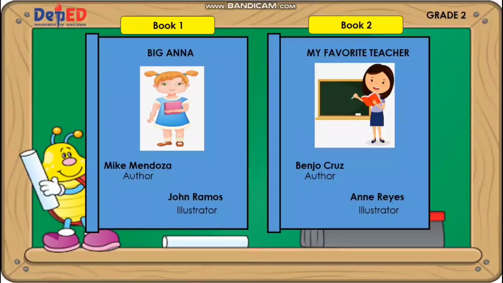Very good, Big Anna. How about the second book? What is the title of the second book? Brilliant, My Favorite Teacher. Usually, the title of the book is found on the upper part of a book cover.